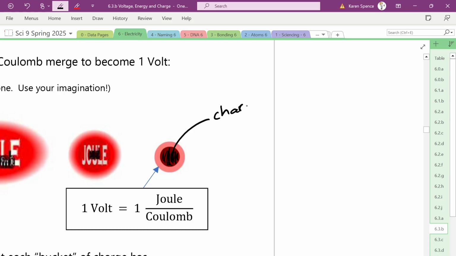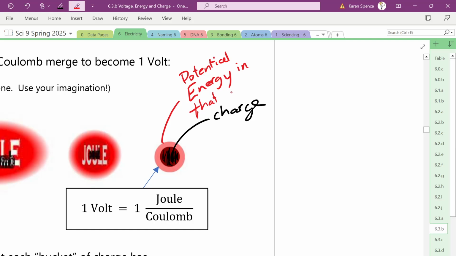That's our charge, and the red aura around it is the energy, the potential energy in that charge. So that is the potential energy, the joules, in that charge, coulombs. And that is a volt.